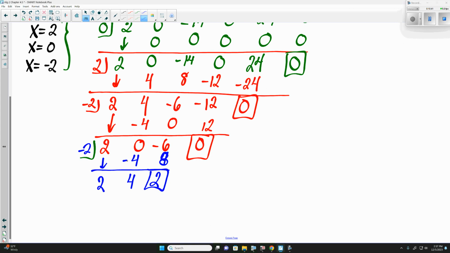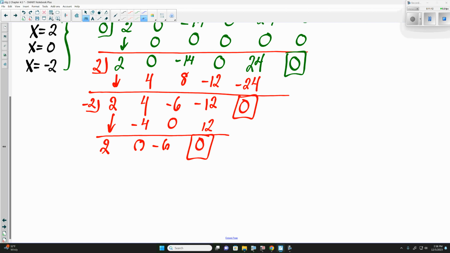If we did negative 2, well, I'm going to erase this here so it doesn't get confusing. 2 times negative 2 is negative 4. 0 plus negative 4 is negative 4. Negative 2 times negative 4 is 8, giving us 2. So again, it doesn't work.